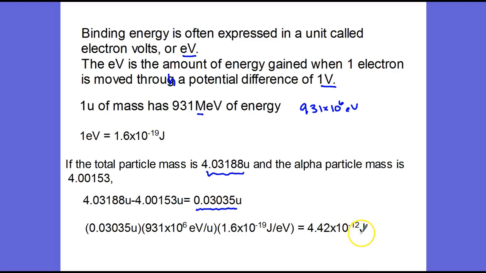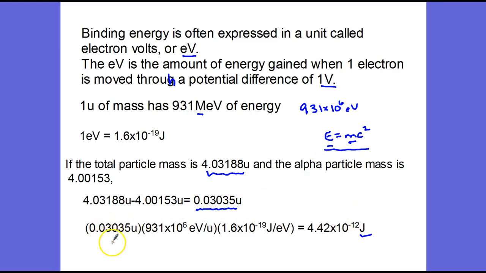And if we want to convert that mass into the equivalent energy in joules, because of this formula, E equals mc squared, we can talk about mass and energy as being interchangeable. So to talk about the energy of this much mass, it's just using this conversion.